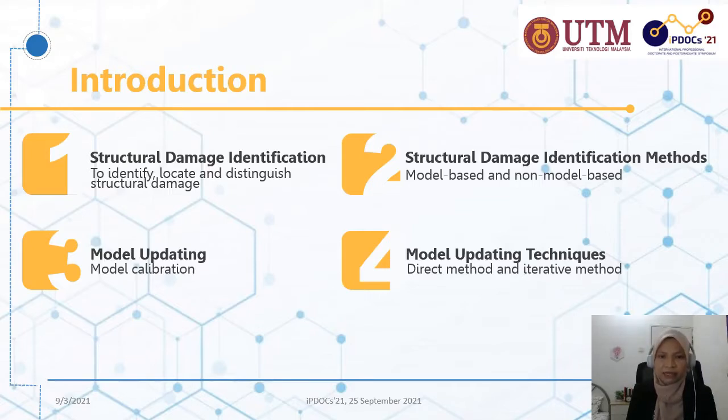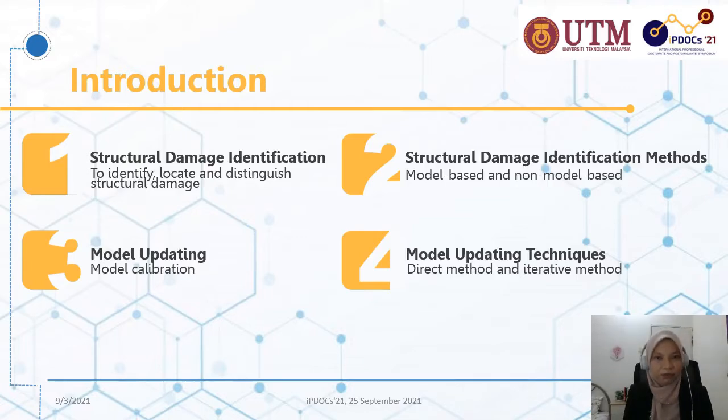Hence, different types of damage affect different structural properties. Therefore, structural damage detection plays an important role in the early damage stage. The purposes of structural damage identification are to identify, locate, and distinguish the structural damage.